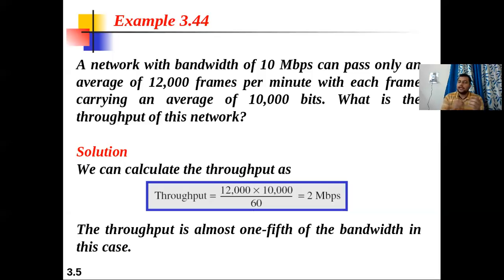So obviously if the rate per minute at which you are generating the frames increases, you can increase the throughput. But if the maximum bandwidth is 10 Mbps, your maximum throughput can go up to 10 Mbps. Beyond that it cannot, because that is the maximum transmission speed.